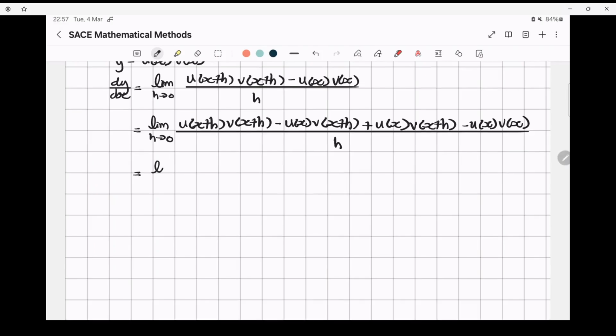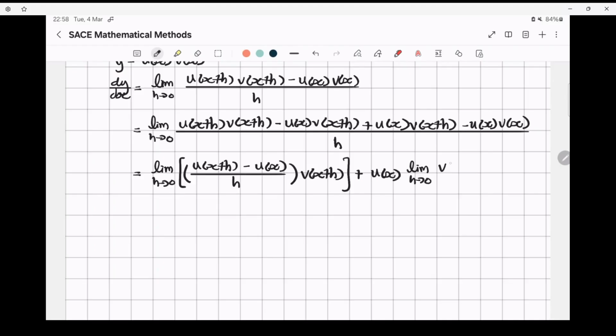The first part will consist of this particular limit, whereby it is u(x+h) minus u(x) divided by h, and this whole thing you multiply with v(x+h). For the second part of the limit, I know that I can factorize out u(x) because it doesn't contain h.